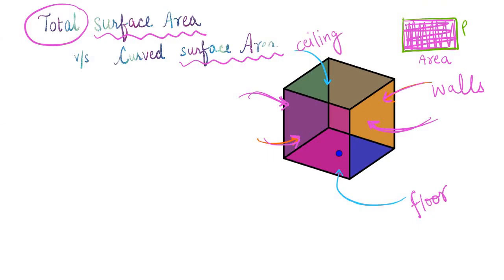I hope the spelling is right. Okay. Now, what do you mean by total surface area? Suppose I need white paint or something to use on all the walls, floor and ceiling of my room, right? How do I find the surface area? I'm gonna find the area of this face first. Just this face. This face's area, this face's area, the lower face area, all the faces' area.